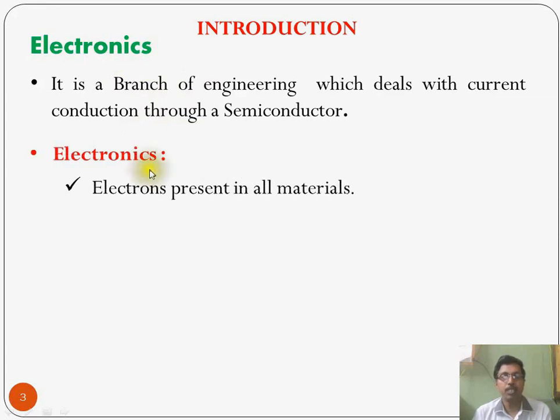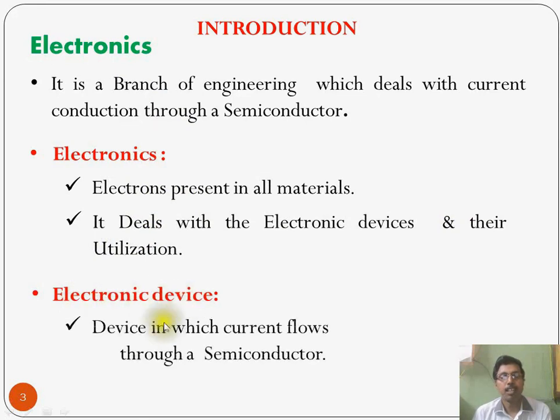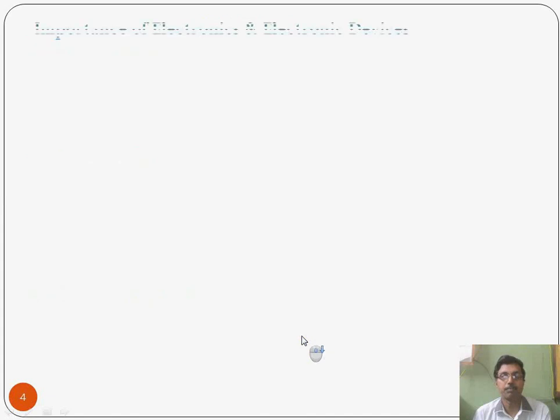It is named electronics because it discusses the electrons which are present in all the materials, and it also deals with electronic devices and their utilization. Now, what is an electronic device? A device in which current flows through a semiconductor is called an electronic device.